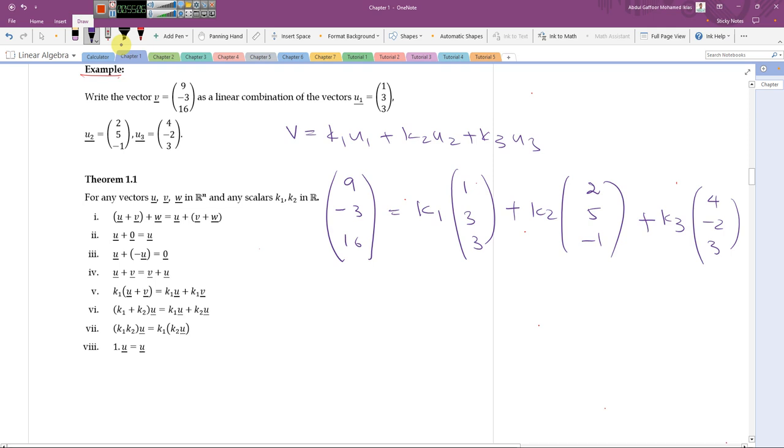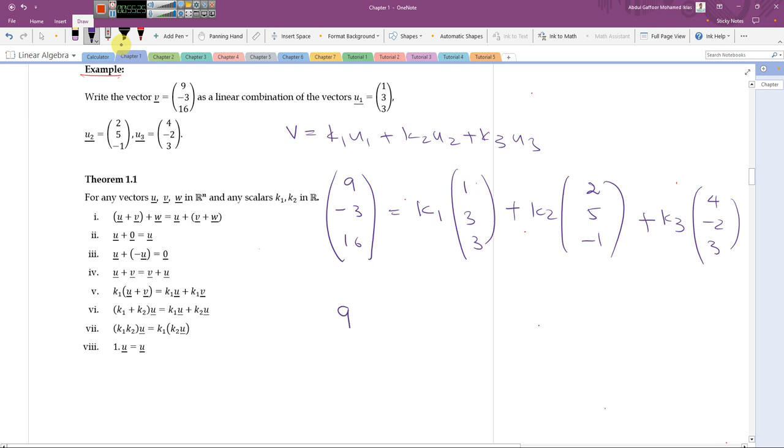What we have to do is scale vector u1 by k1, u2 by k2 and u3 by k3, and the resultant vectors should be added together.